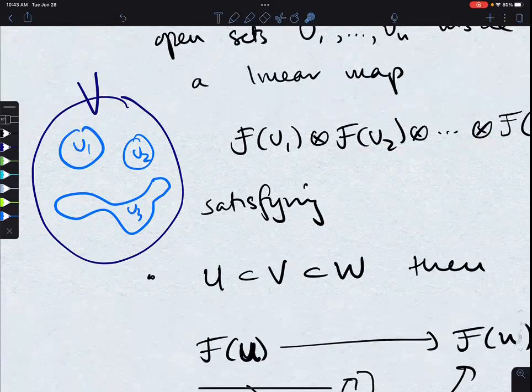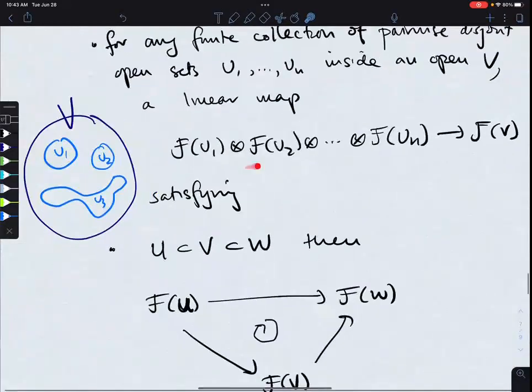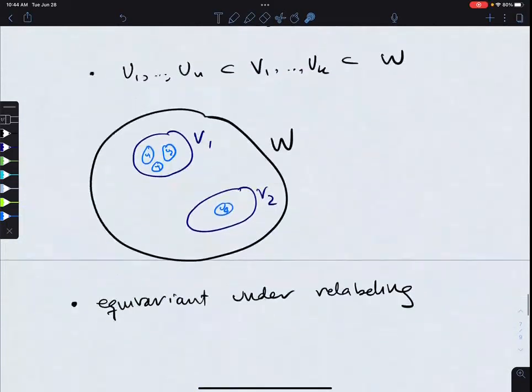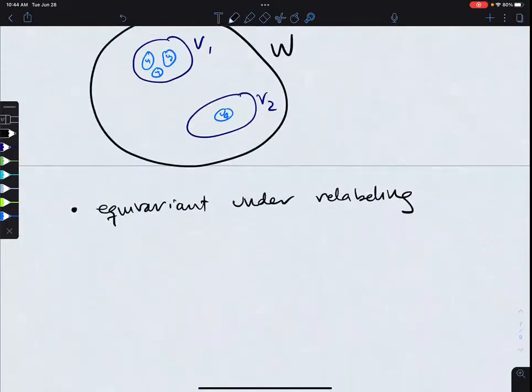If I called this U2, U3, U1 instead, changing the labeling permutes the order of the tensor product here. So I want the permutation of the ordering and then mapping up into F of V to commute. The labeling shouldn't really matter; it just has to do with the geometry and not the ordering you put on the open sets. Okay, so that's a pre-factorization algebra.